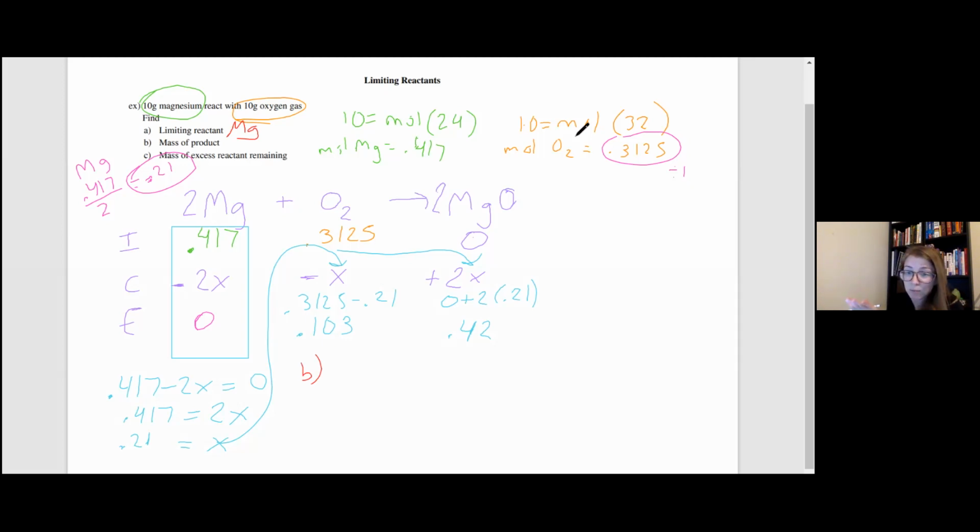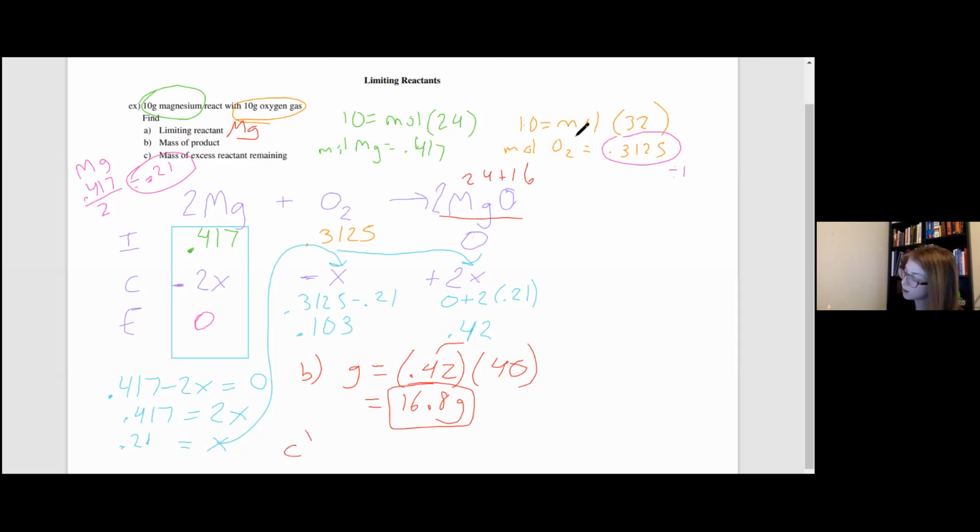Here we only have one product. MgO is my only product, so I can find the mass of it. Grams equals the moles from my ICE chart that I ended up with, times the molecular weight of MgO. So 24 plus 16 is 40. I get 16.8 grams.